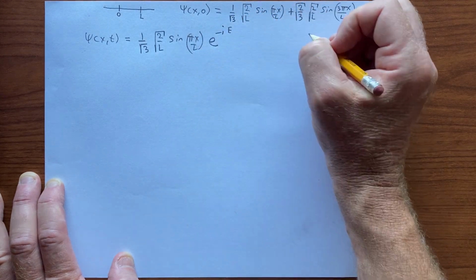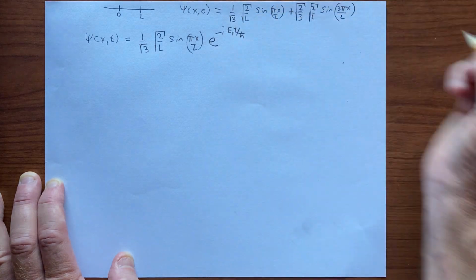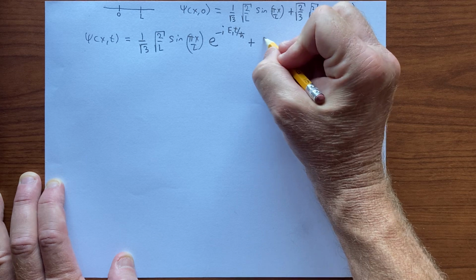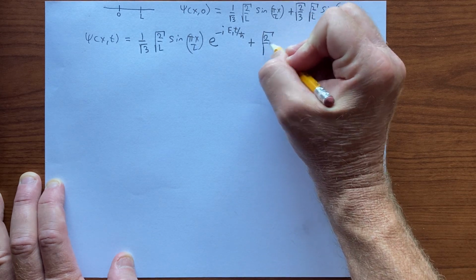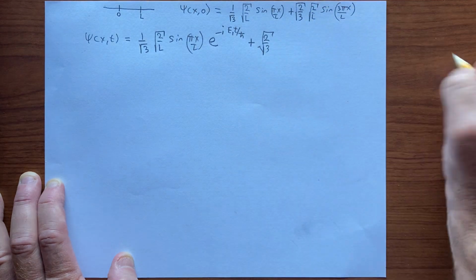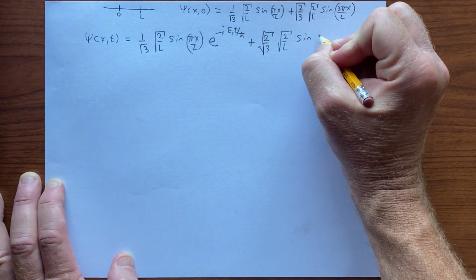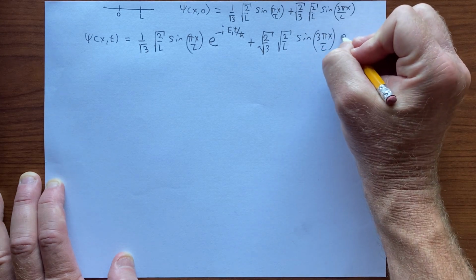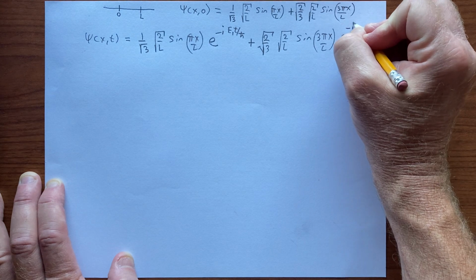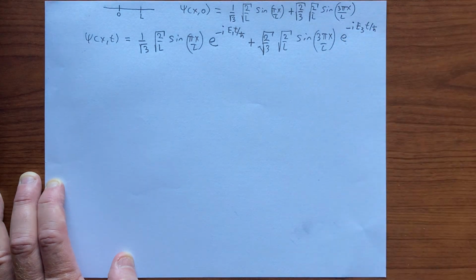We would choose n equals 1 because n equals 1 goes in here. Plus, same thing here, except there's a 3 here. So we attach a time-dependent part, which has an E3. So that would be the psi of x and t.